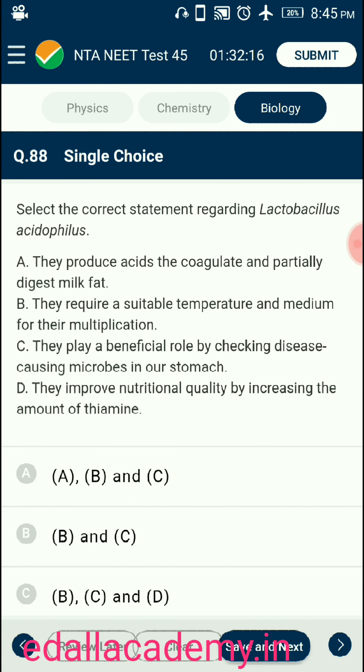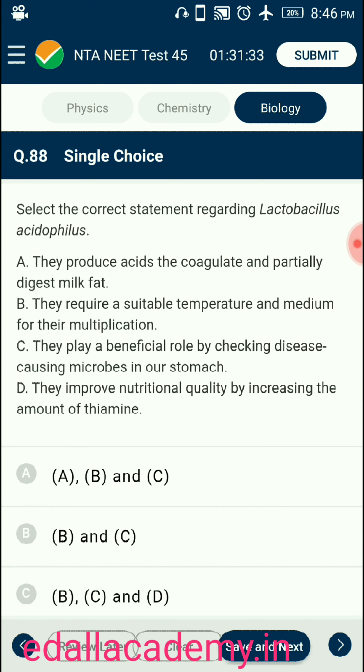Question number 88. Select the correct statement regarding Lactobacillus acidophilus. With low GC content, they are acid tolerant, non-sporulating, cocci or rod-shaped bacteria. It is the most important group of microorganisms used in food fermentation. Lactic acid bacteria help in the conversion of milk into curd by coagulating milk proteins.